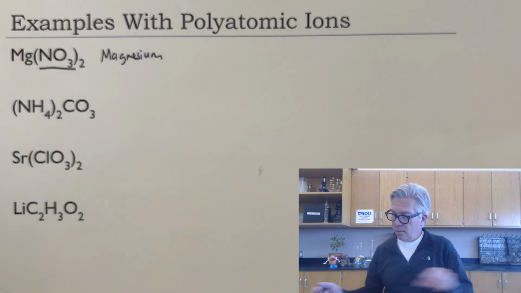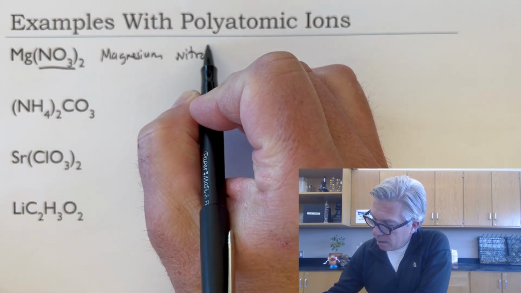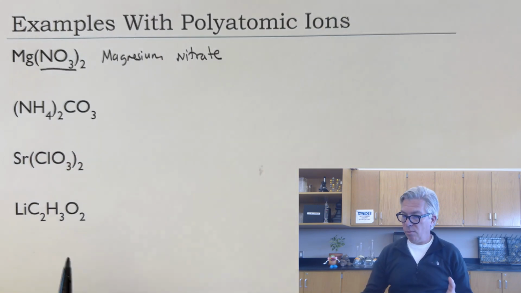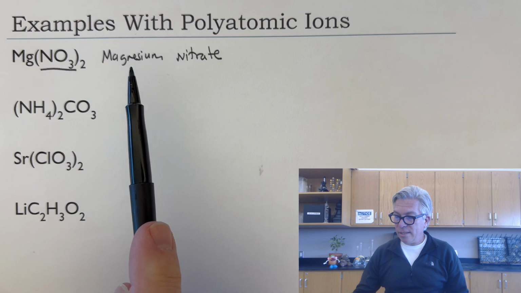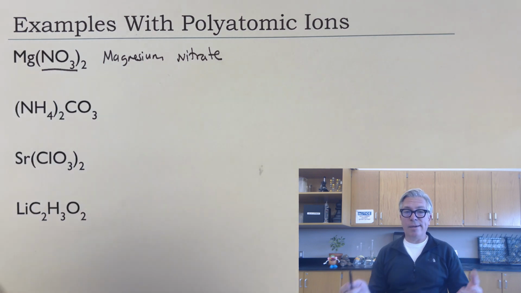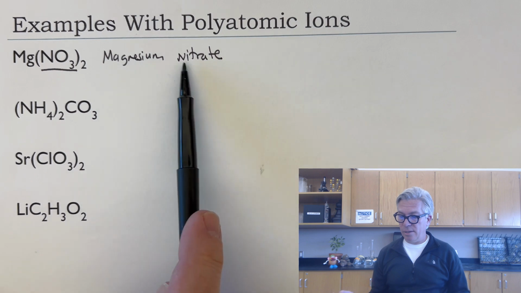So we're going to call it magnesium nitrate. And that takes care of all of that with only one word. Also, yes, there are two of them, but I don't have to say that there are two of them. I just have to name the two ions. Magnesium and nitrate got together and made a compound. It happens to have a two, great, but we're just naming the two ions that are there.